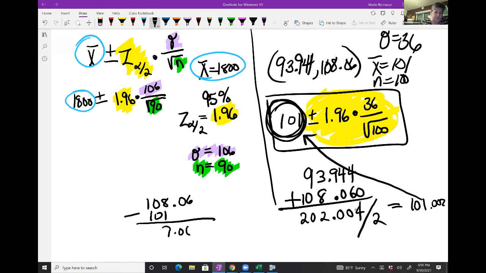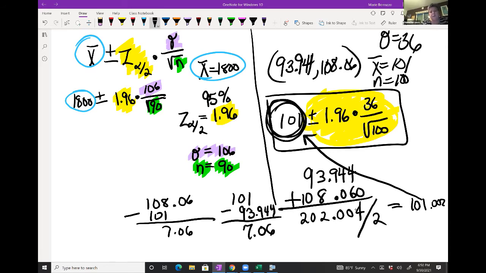Okay, now watch the magic. Let's take the other end. Let's take 101 and take away 93.944. What are you left with there? $7.056, which you round to 7.06.